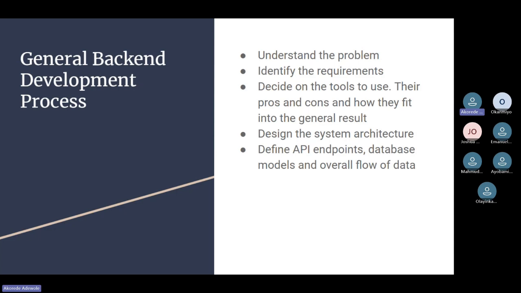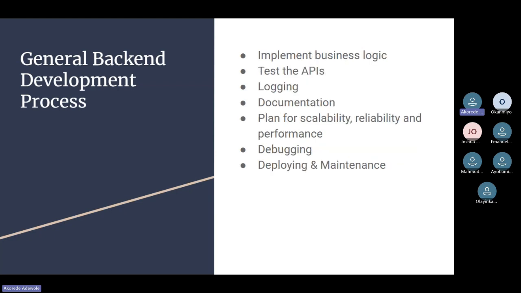These are all the things that a backend engineer must concern themselves with. Then there is implementing the business logic, testing the APIs, logging, documentation, and thinking about reliability, scalability, performance, and, in fact, ensuring that your code can easily be maintained by someone else. I think we can call that maintainability.